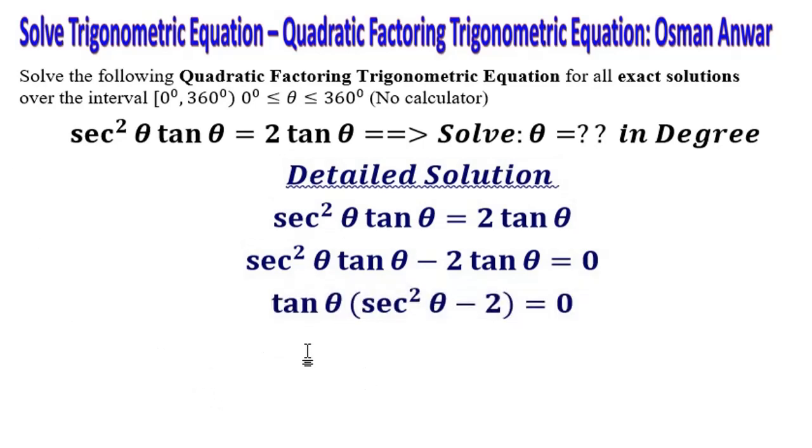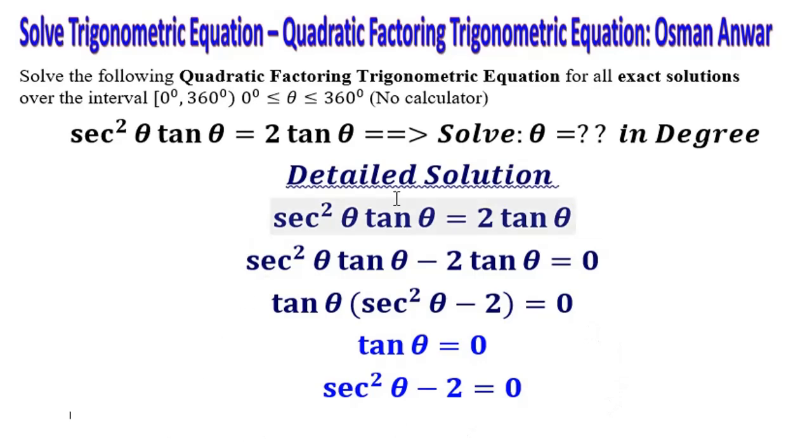Then factor out tan theta. That will make it tan theta times secant squared theta minus 2 equals 0. That means tan theta equals 0, or secant squared theta minus 2 equals 0. So if you cancel tan theta at the beginning, you will not have this tan theta equals 0, and you will lose that part of the solution.